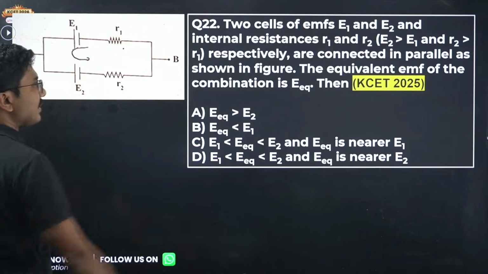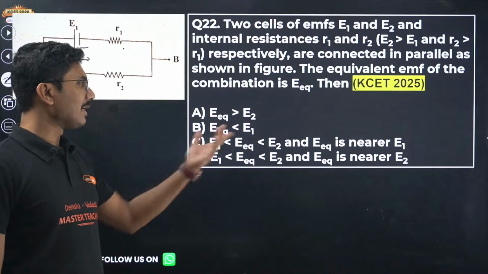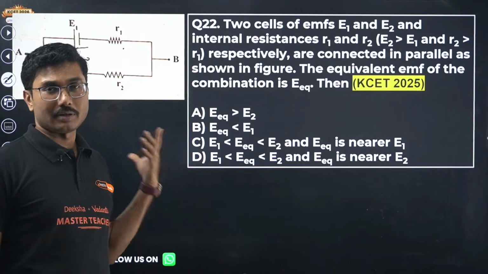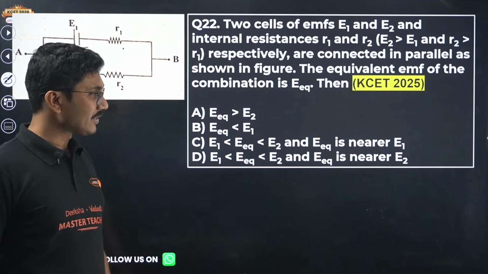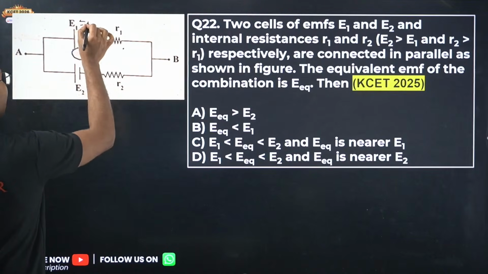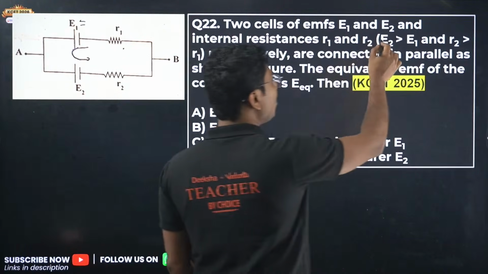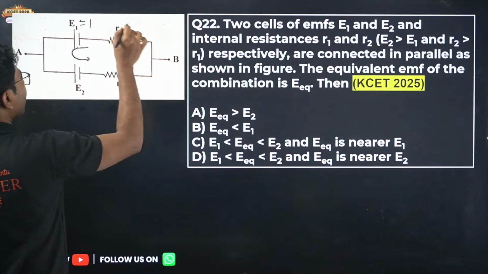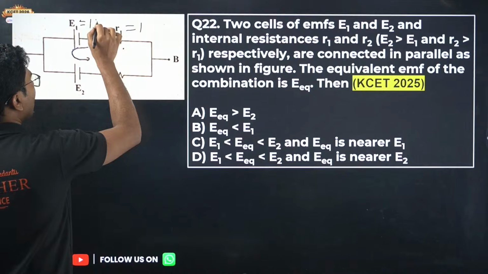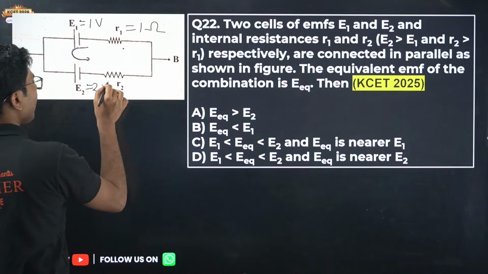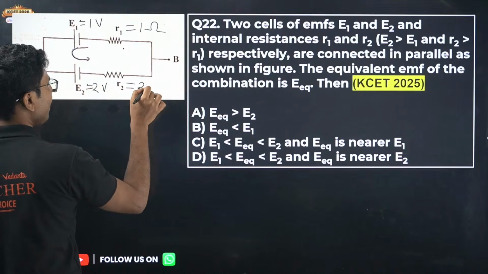If the question is completely abstract and they ask E1 greater than E2, what about equivalent EMF, what about equivalent resistances? In that case, you have to take some real examples. Say it mentioned that E2 is greater than E1. So let's say E1 is 1 volt, R1 is 1 ohm, E2 is 2 volt and R2 is 2 ohm.